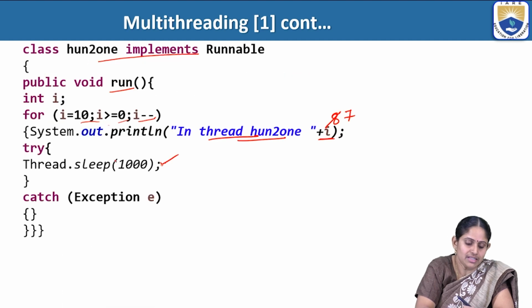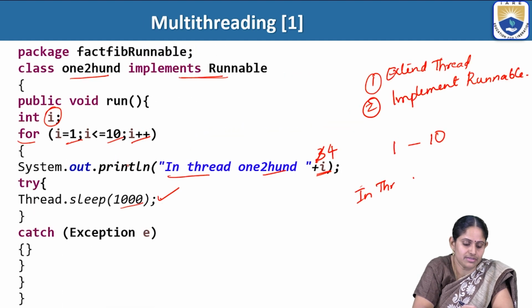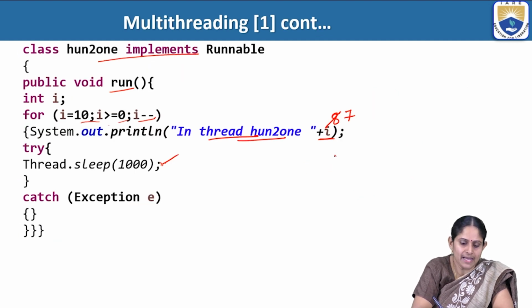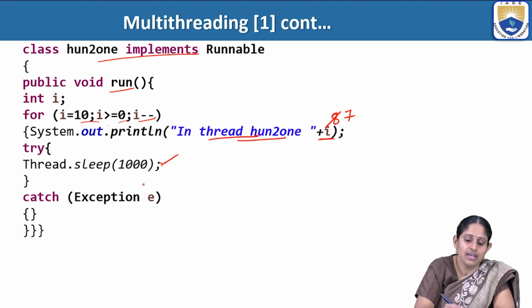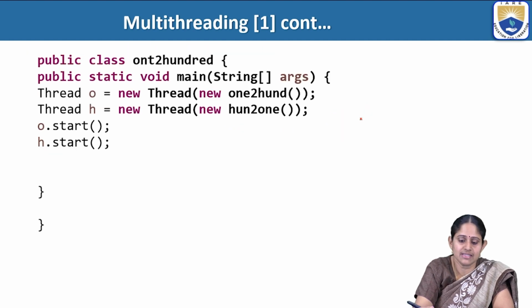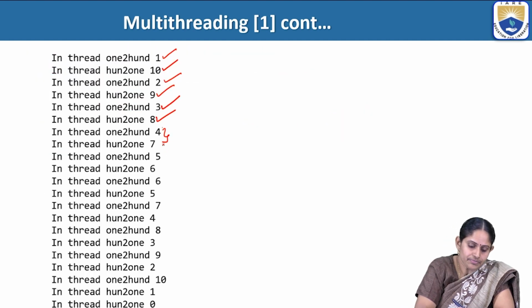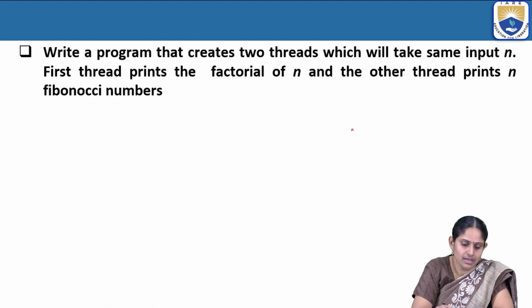Next, when this thread goes to sleep, the first thread will start executing. It will change the value of i to 5 and display this in the output, and it will go to sleep. When that sleeps, this thread will be active. It will decrease the value from 7 to 6, and we get these two values in the output.